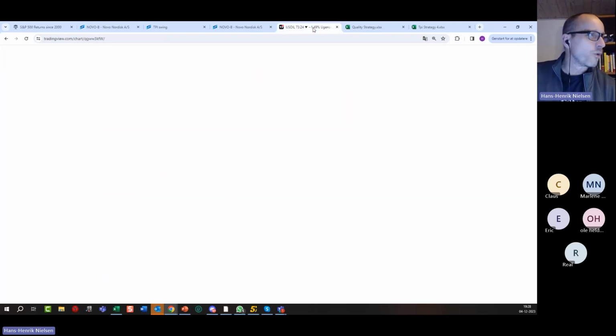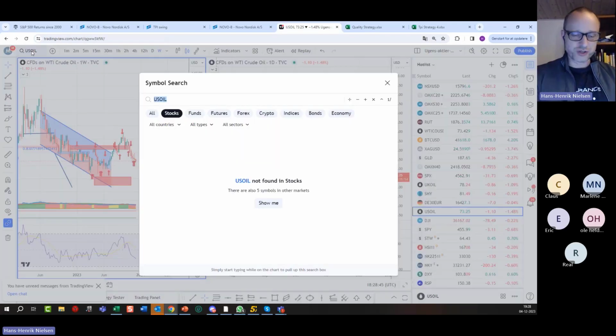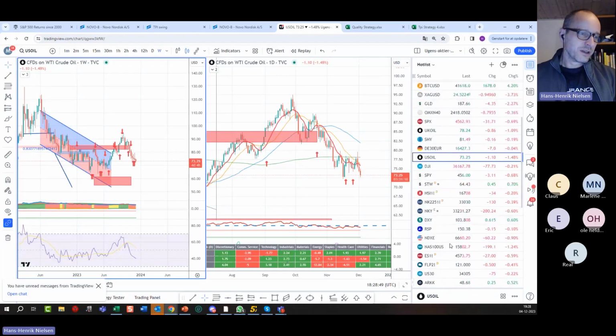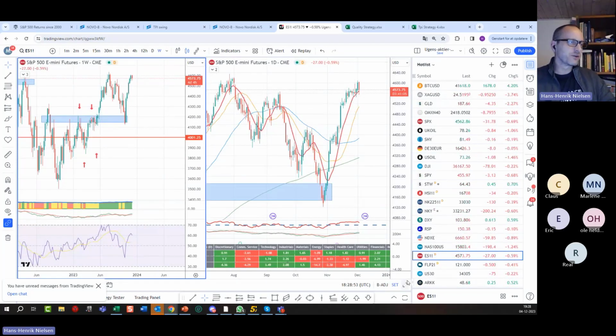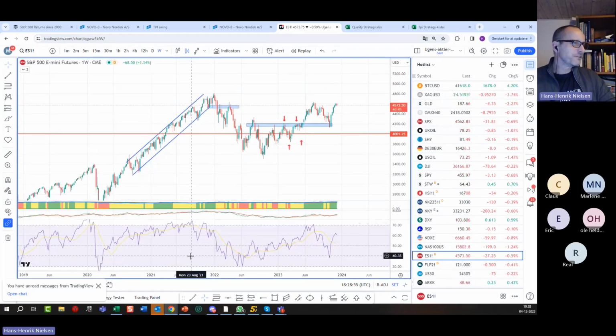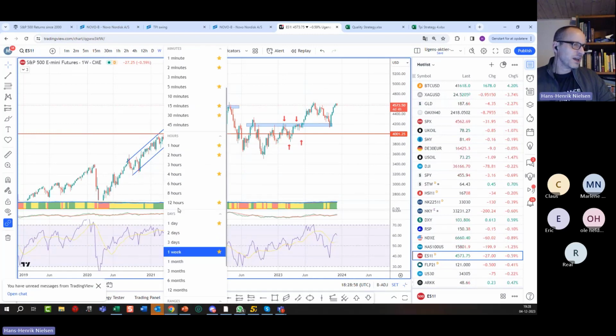Now, the reason for using, let's just find the S&P 500 here. Going a bit down today, but let's have a look at the monthly chart here.